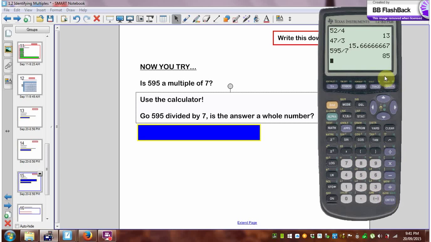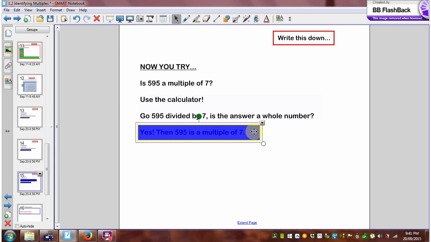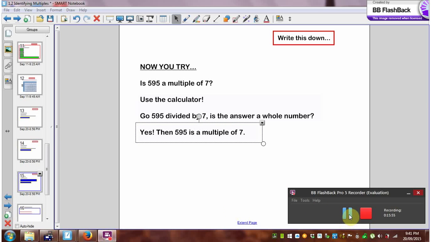So yes, we got a high number, 85, but still it's a nice whole number, no decimals. So the answer is yes, 595 is a multiple of 7. Make sure you have all that copied down and you have the right answer before moving on.